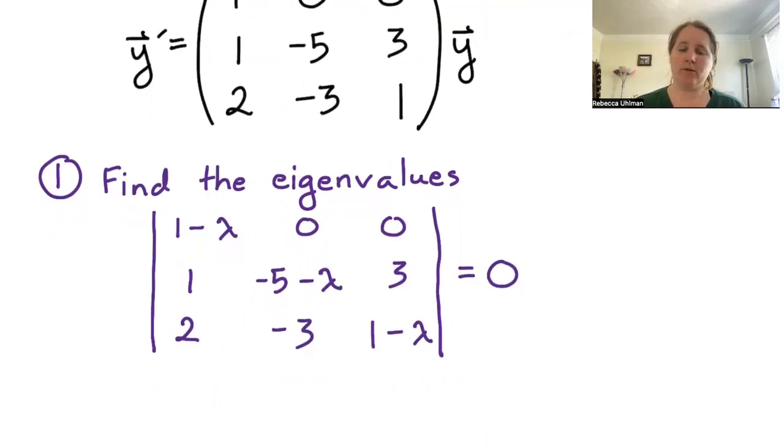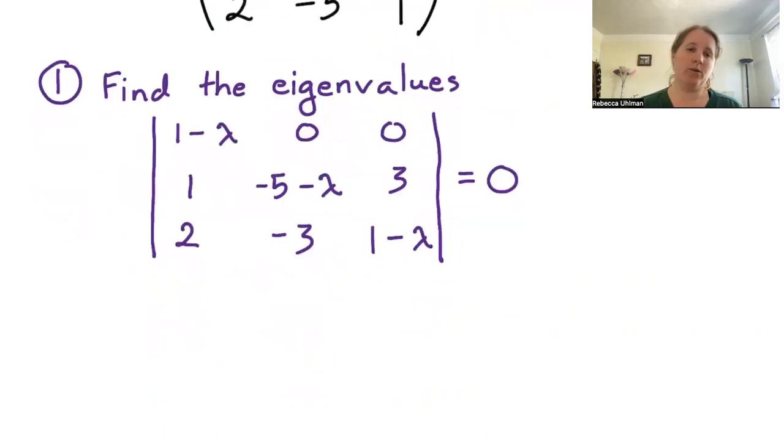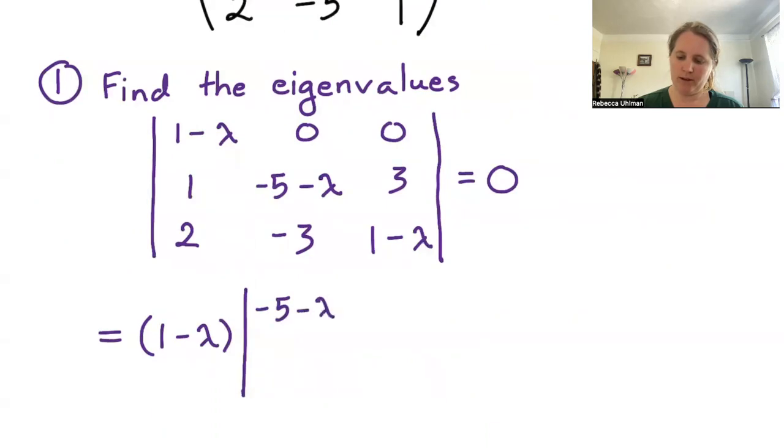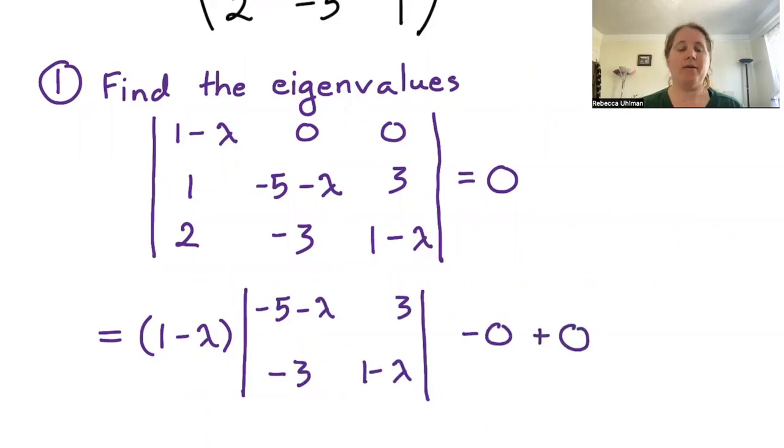Just note, since that first row only has one non-zero term, we can use that first row for finding our determinant. The determinant is just 1 minus lambda times the determinant of -5 minus lambda 3 for our first row, and -3 1 minus lambda for our second row, and then we would have a -0 and +0 for the other two subdeterminants, since they're being multiplied by 0.